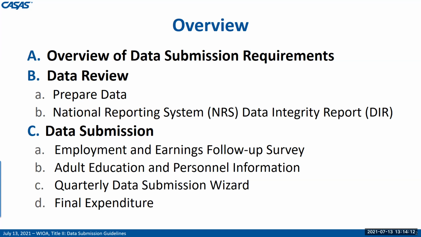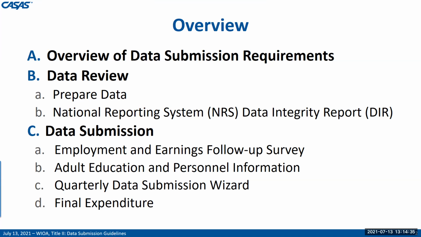So this is what we are required to do every quarter. And of course, at the end of the program year, we would need to submit the data for the entire program year, which consists of data from July 1 to June 30th of this year of 2021, from July 1 of 2020 to June 30th of 2021.